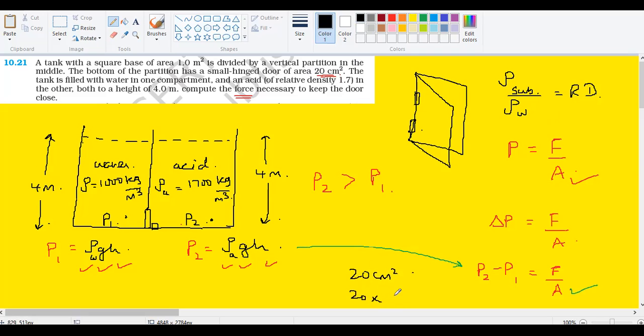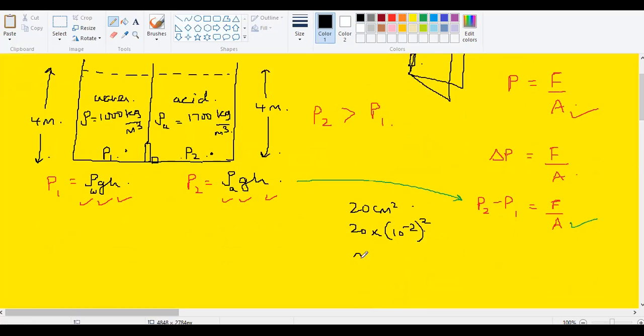So 20 into centi is 10 power minus 2 meters, centimeter square means same. So you'll be getting 20 into 10 power minus 4 meters square. So that should go over here.